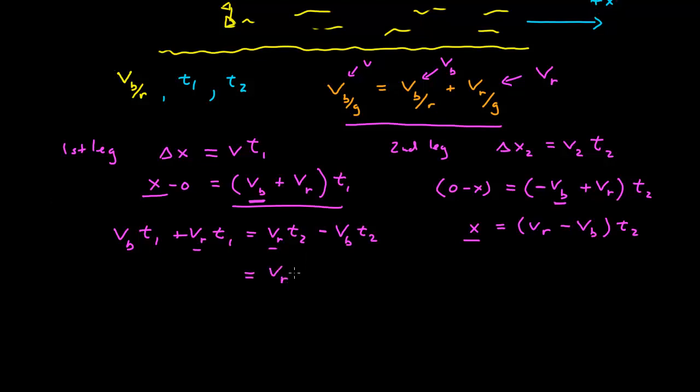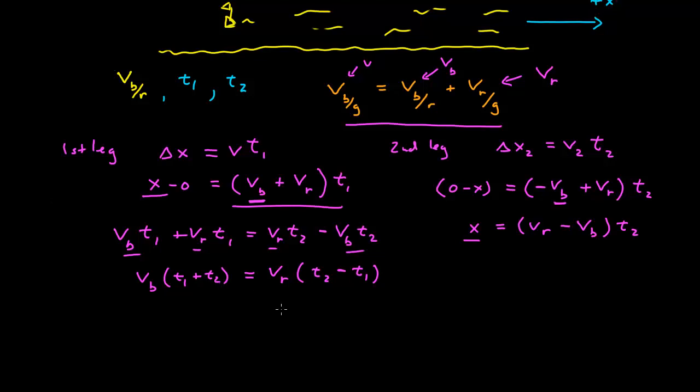And so we have v sub r, which is the velocity of the river relative to the ground, times t2 minus t1, and then bring this to the other side. And so that gives us the velocity of the boat relative to the river, times t1 plus t2.